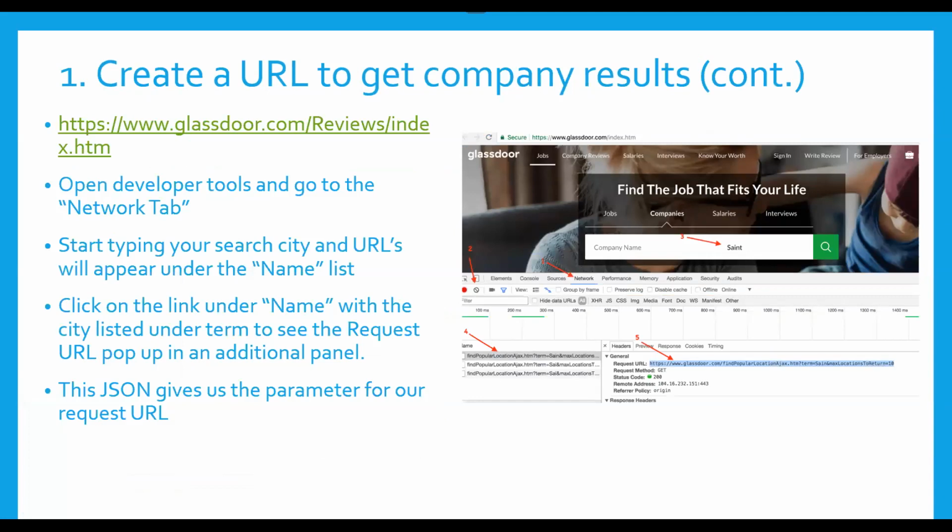So backing up to that JSON we saw earlier, recall as we went to this page, we went to the network tab, we started typing in St. Paul, and we saw these requests happening kind of behind the scenes. When we clicked this request, there was this URL that took us to some JSON.